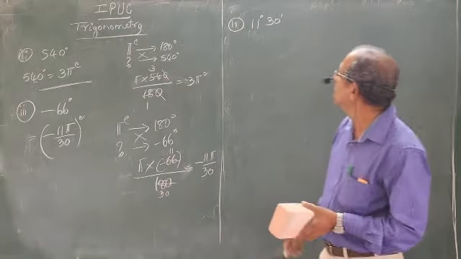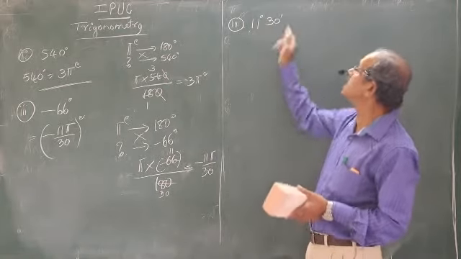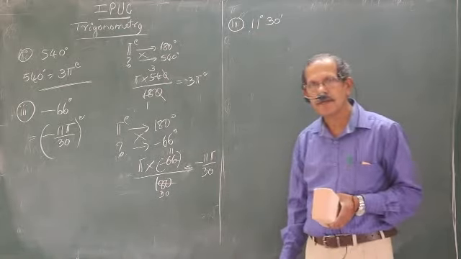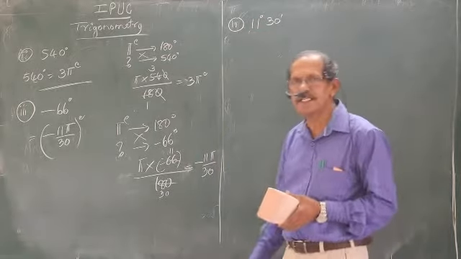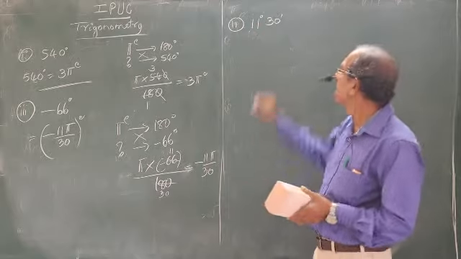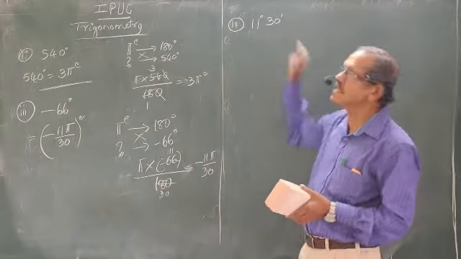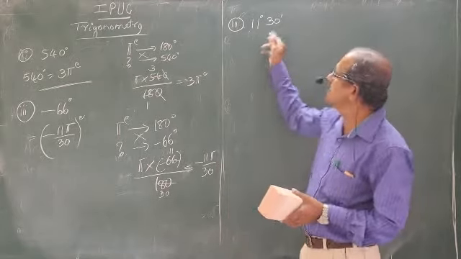So, given angle is 11 degree 30 minutes. Just like in money, 2 rupees 50 paisa. Here also it is 11 degree 30 minutes. Convert this one into radian.